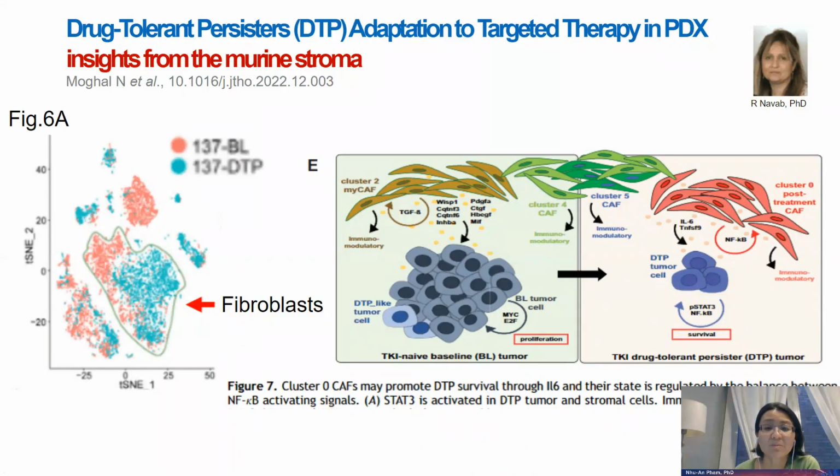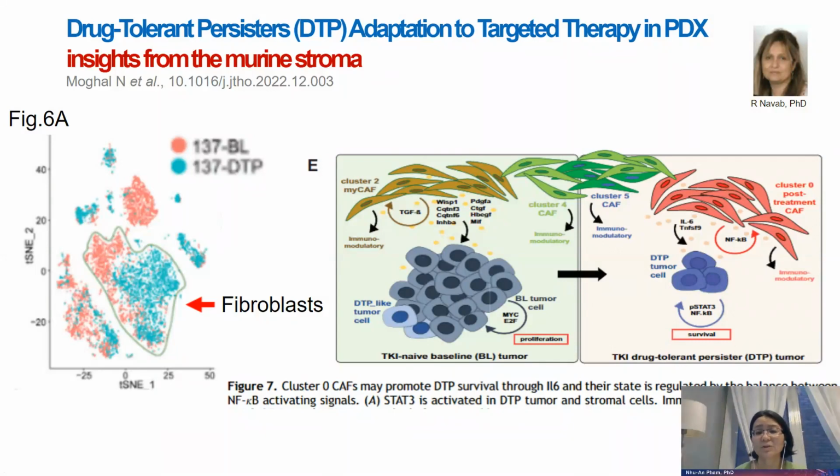But in looking at the murine stroma here, we may glean some useful information: that the stroma, the cancer-associated fibroblast stroma, can also be influenced by, or probably may influence, drug-tolerant persister cells. Here we can identify the drug-tolerant persister stroma clustering together compared to the baseline stroma.